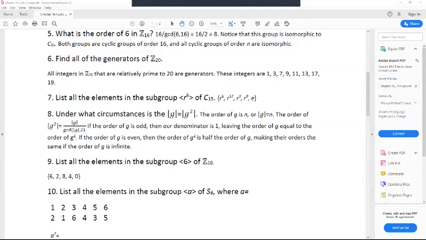Number 8, under what circumstances is the order of g equal to the order of g squared?